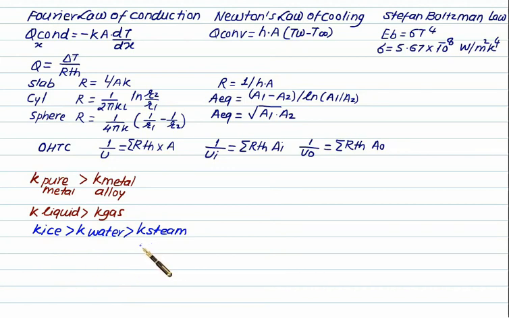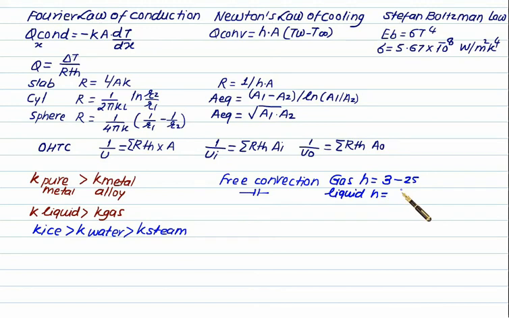If you have free convection, then the heat transfer coefficient in the case of gases is very small, 3 to 25, and for free convection in liquids, the heat transfer coefficient is approximately 250 to 600. The forced convection heat transfer coefficient in the case of gas is approximately 25 to 400.